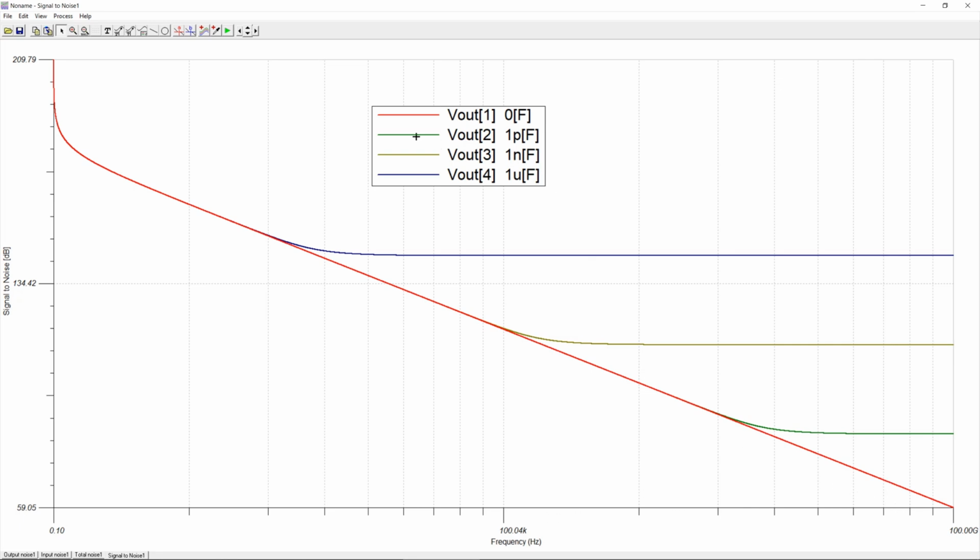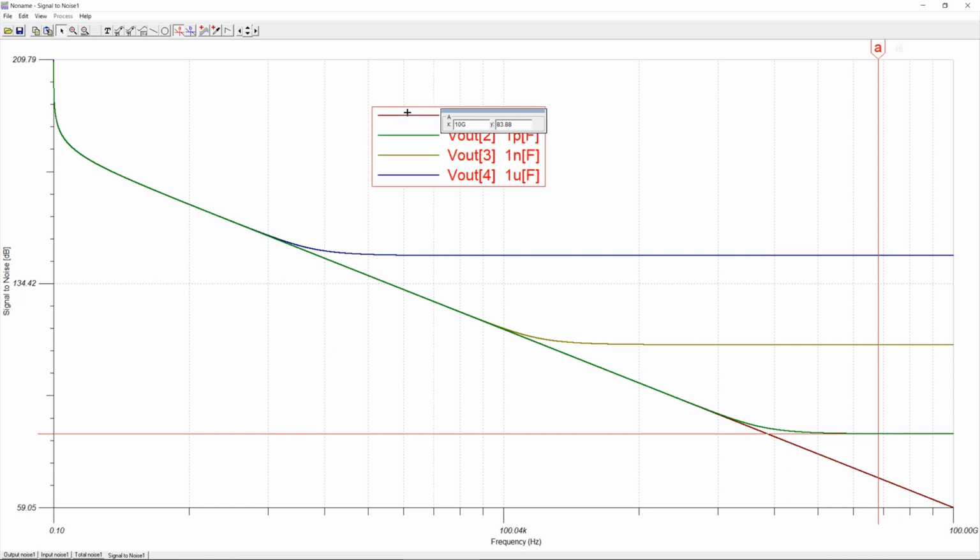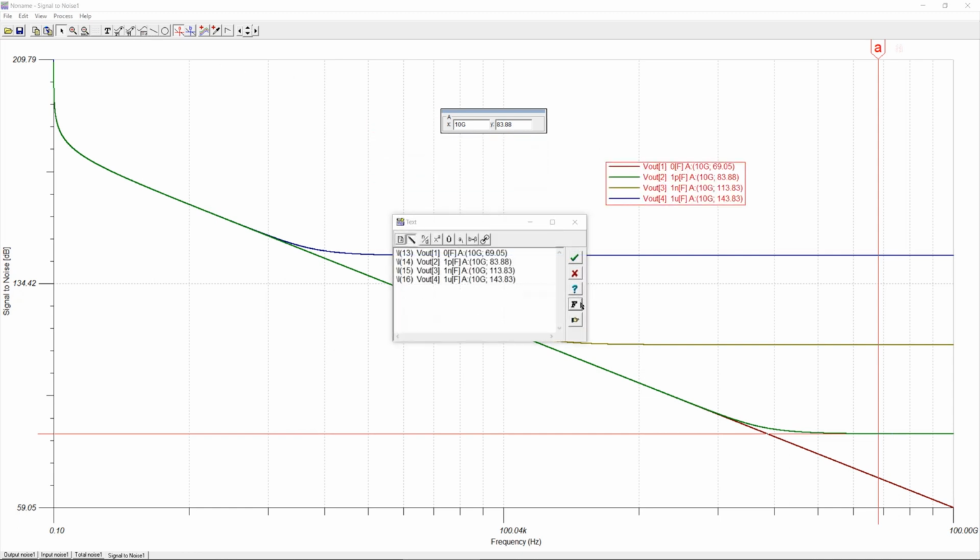That is again according to our calculations. I will now highlight the second one, which is for 1 picofarad, and I can also make the label here. For example, let's make it at 10 gigahertz. And if I now make the legend, here you can see also the values.